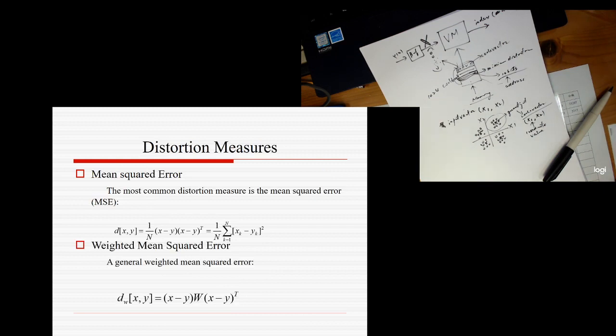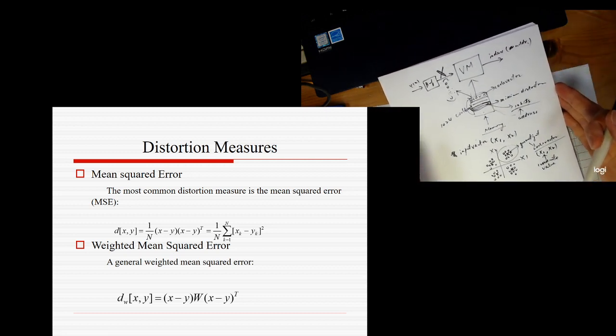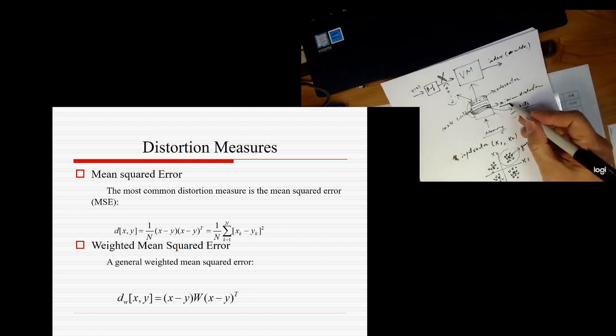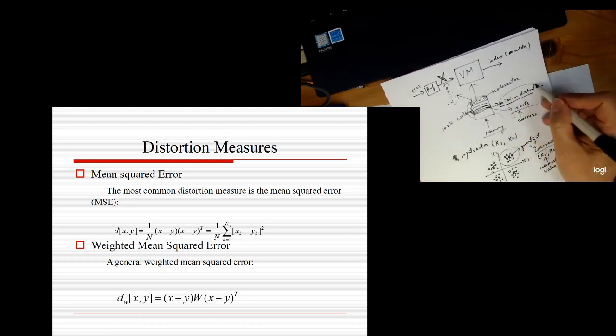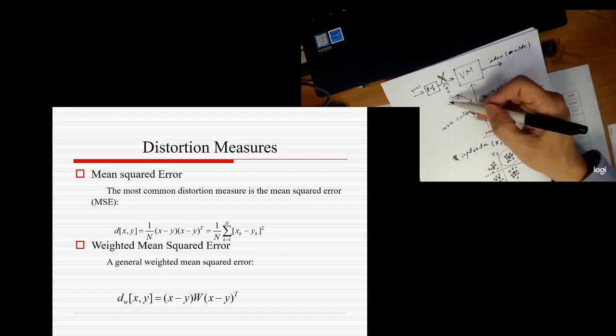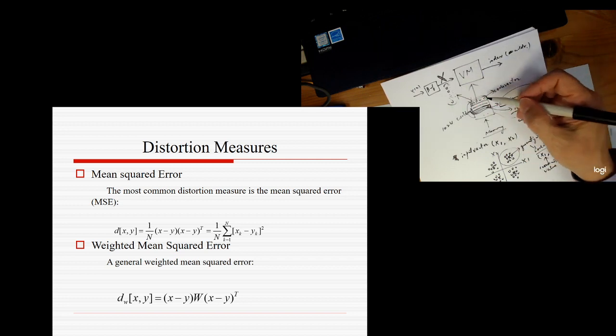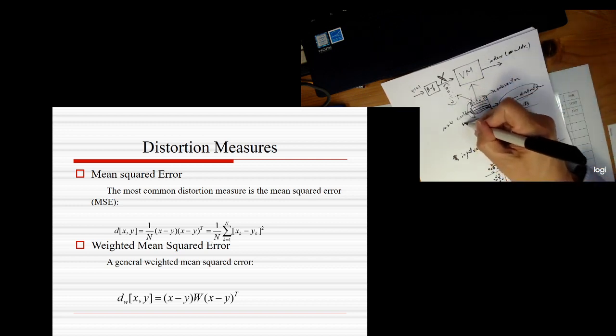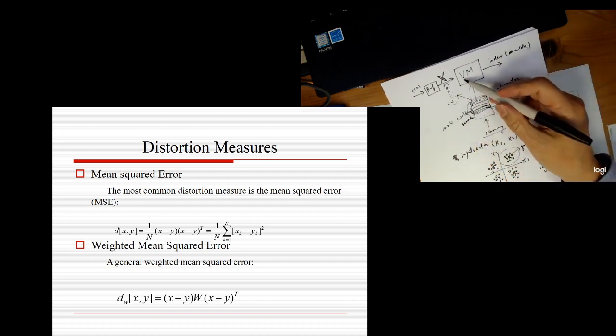So here they show you the distortion, how the code vector calculates the distortion. What we're talking about is finding the winner by calculating the minimum distortion. Because you have many code vectors and an input vector, the input vector does the code book search, and then the vector matching.